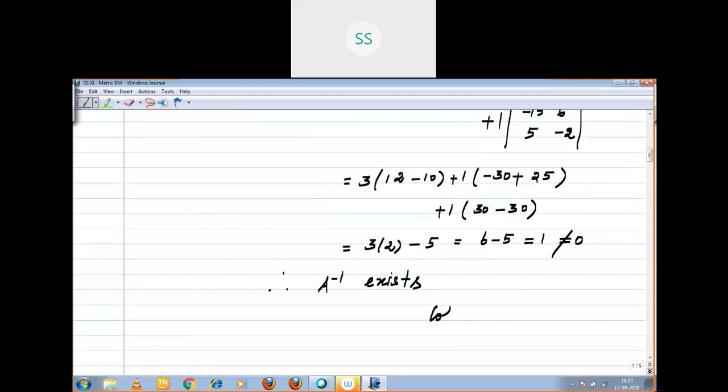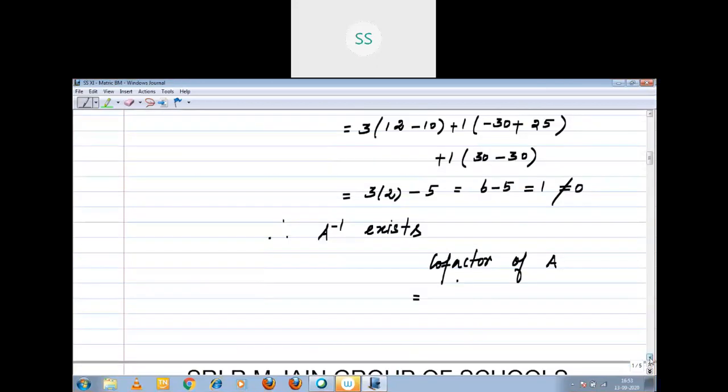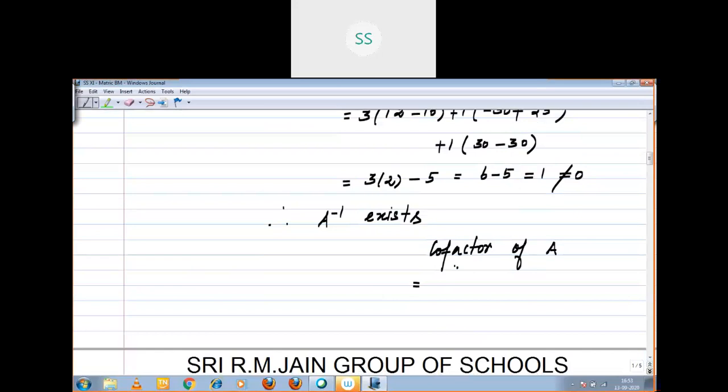Adjoint of A you need means you want to find what is cofactor of A. Cofactor of A, how I taught you how to do that, children. First you have to select the center element. Center element in the sense A22, next A32, next A12, again A22.